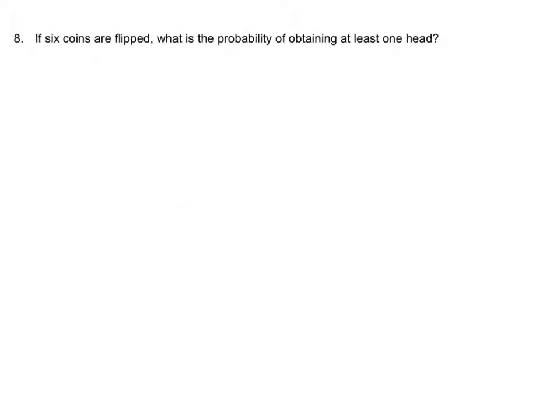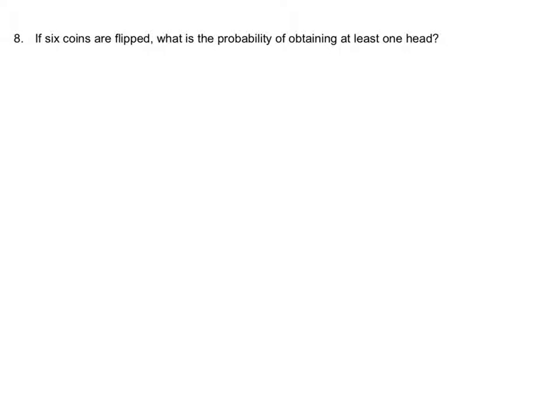If 6 coins are flipped, what is the probability of obtaining at least one head? Sometimes using the complement is easier than finding what we're asked. If we know the complement, then we can easily go back to find the original probability of the event. That's what we're going to do in this case.